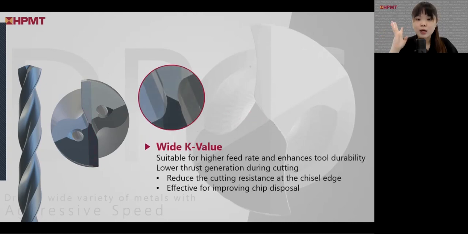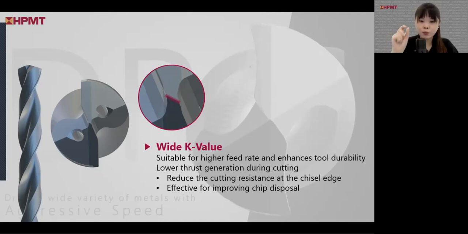The next key main feature is the third one. The third key main feature is this wide K value. So where is it? You can actually look at the circle. Inside there, just now it prompted out the highlighted purple region.